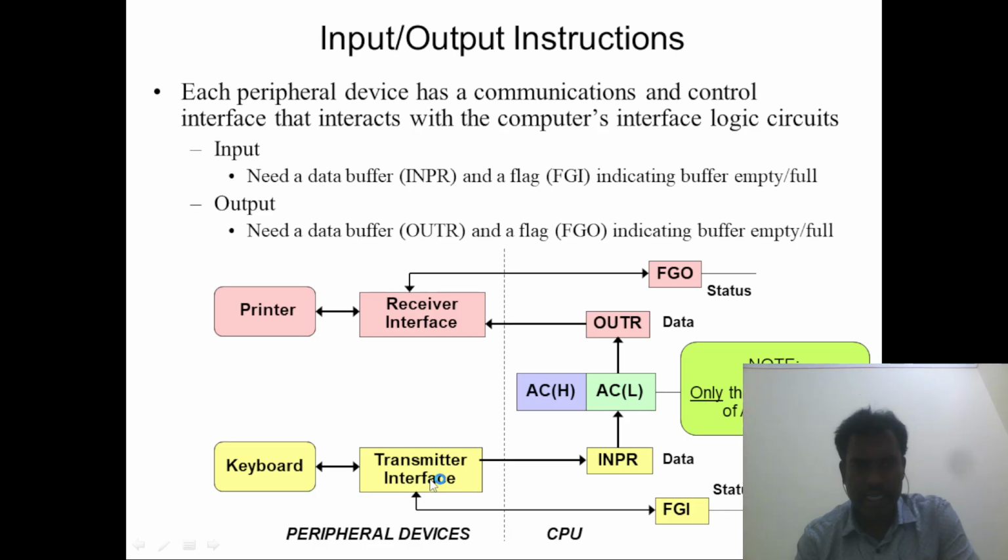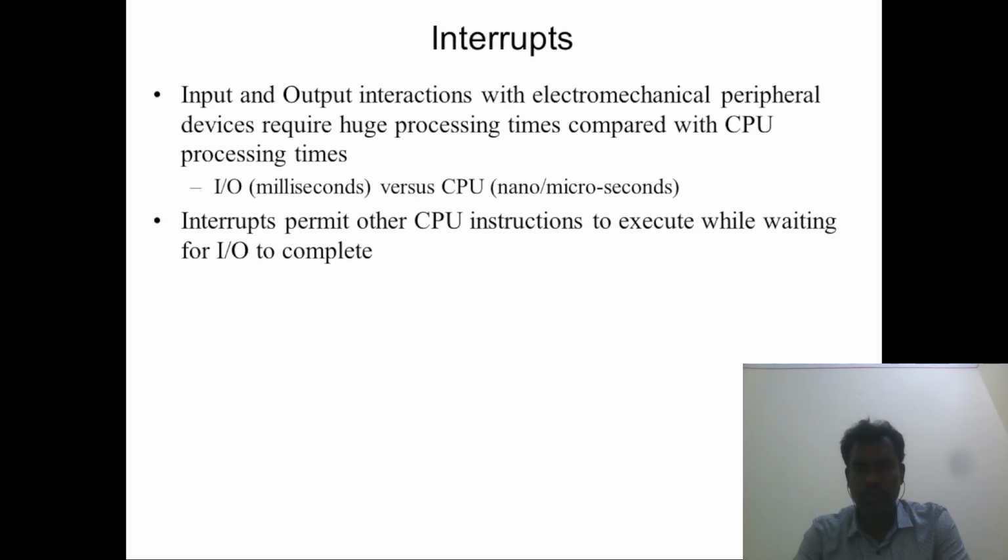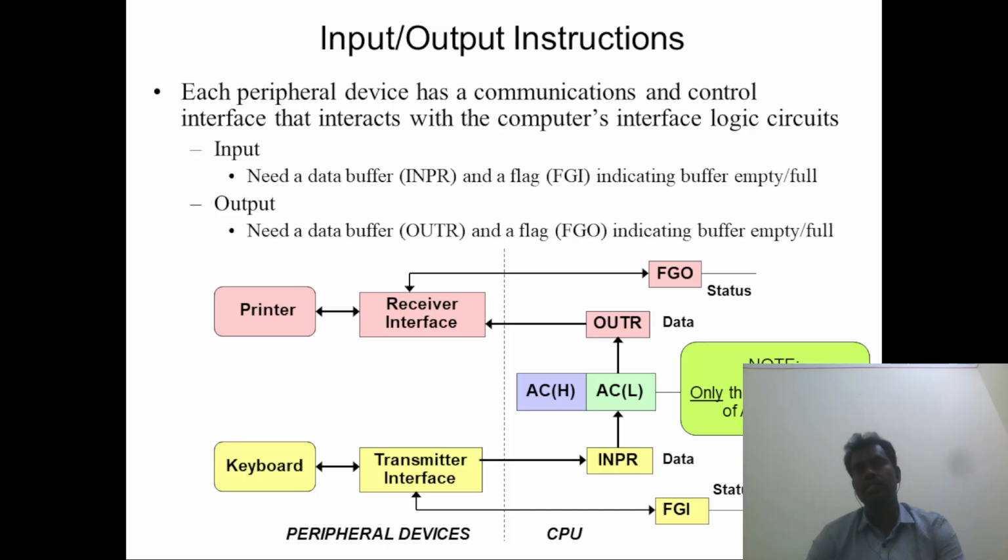At the same time, there are two flags indicating buffer empty or buffer full. So if it is 1, it indicates full, and 0 means it is empty. If the data is available in the INPR, meaning the keyboard has received the data, then the flag status is 1 until it is loaded.